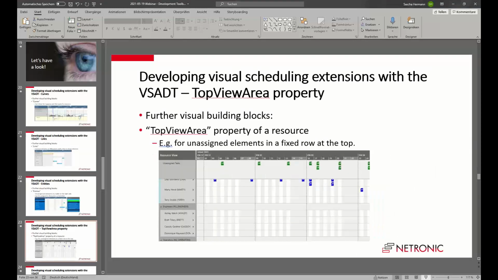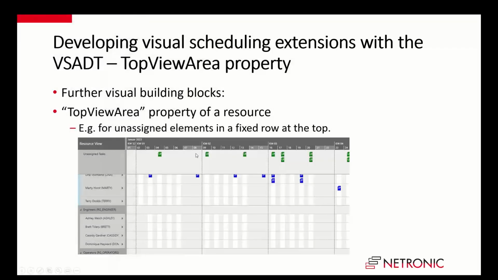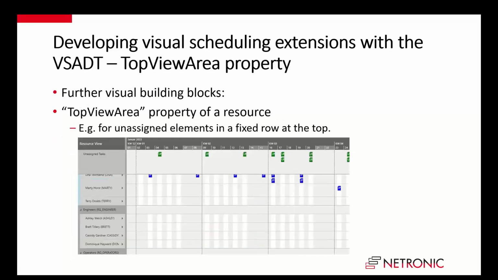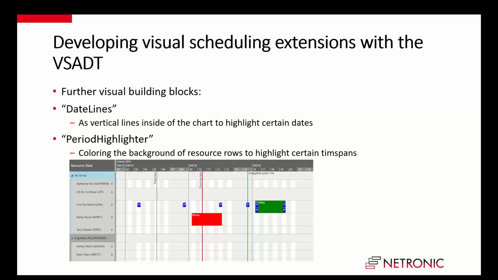So I already described the top view area. What else do we have? There are visual building blocks in the control add-in. We support datelines. Datelines are just vertical lines from top to bottom at a certain point in time, and they can have a certain line style, line thickness, and a certain text.